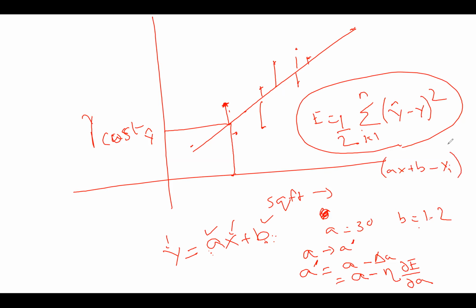If I take the partial derivative with respect to a, this will become 2 times (ax plus b minus y) times x. So I plug this thing back into this equation.